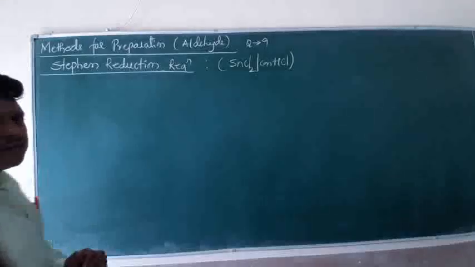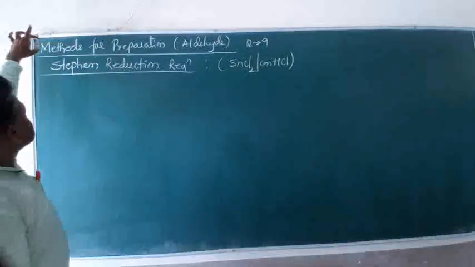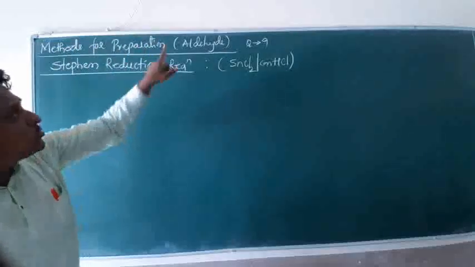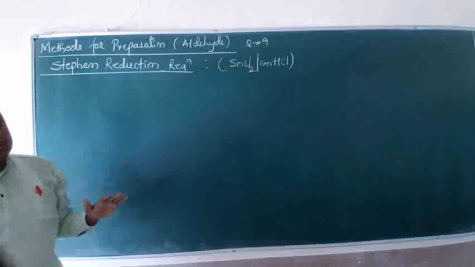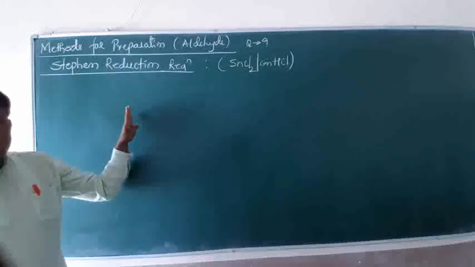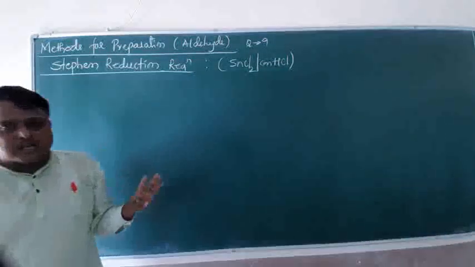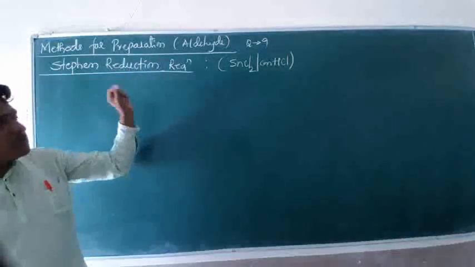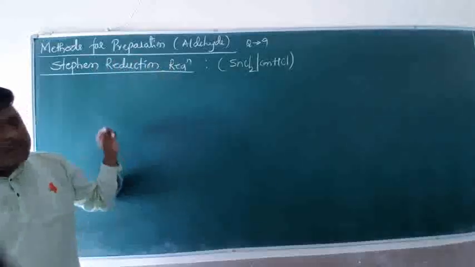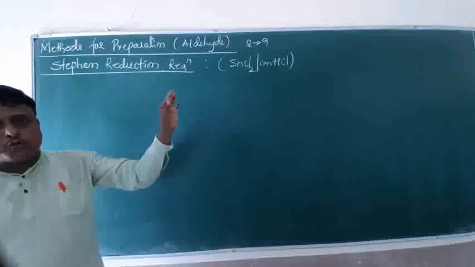Welcome to everyone. Now we move on to the topic aldehydes. In that part, we'll start the methods for preparation: how to prepare aldehydes by using different name reactions. Friends, in the PUC second year syllabus, we have 4 name reactions: Stephen's reduction reaction, Rosenmund's reduction reaction, Etard reaction, and the last one, Gattermann-Koch reaction.